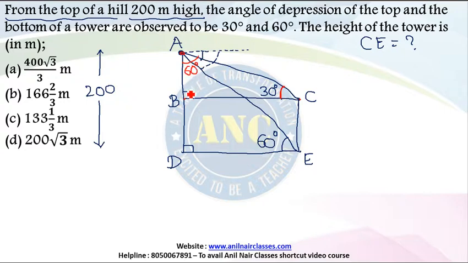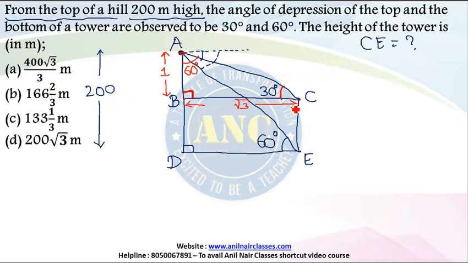Then angle B is 90 degree, which is already known to us. Now, same logic. Opposite to 30, if I assume it as 1 unit, opposite to 60, I will assume it as root 3 unit. Opposite to 30, if it is 1, opposite to 60 will become root 3.